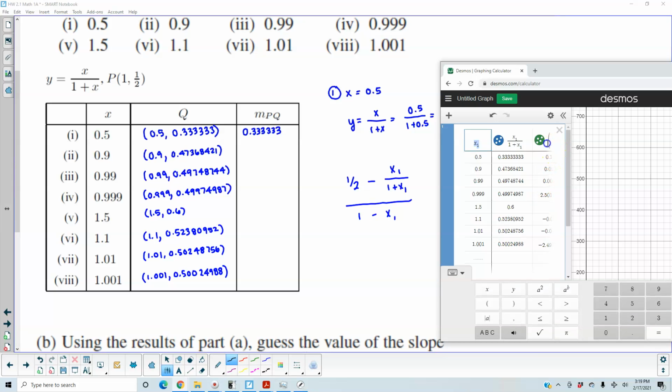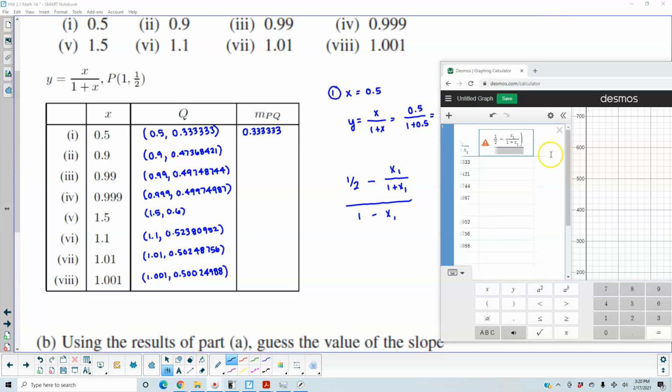And then we divide that by parentheses 1 minus x subscript 1. Now you can see all our slopes.